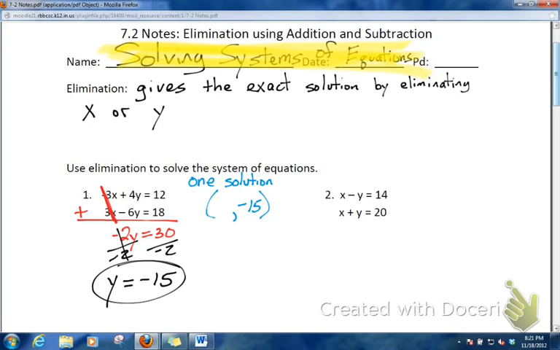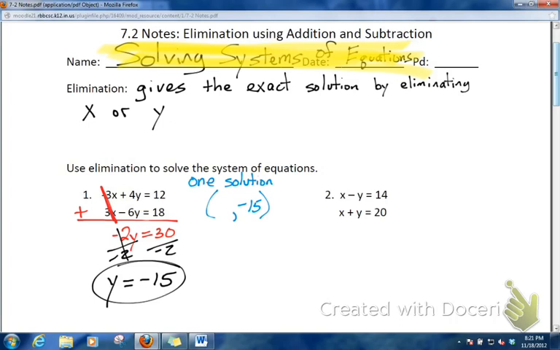Well, at this point, this is the same process that we had in the substitution method that we learned in the last section, and that is you're going to take this y equals negative 15 and plug it into either the first equation or the second equation, and it does not matter which one you choose. I'm going to go ahead and use the first equation.